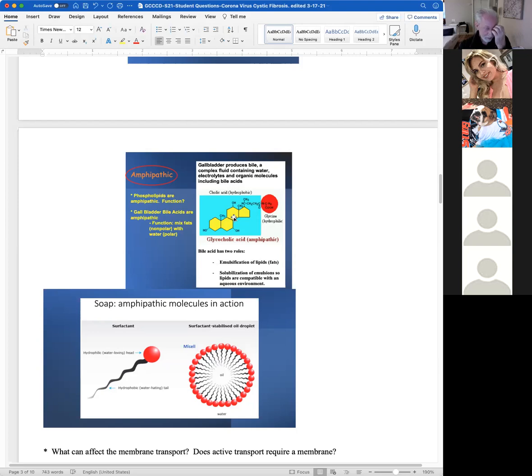Well, when fat is in the diet, it needs to be solubilized. It needs to be made compatible with water. So this amphipathic molecule makes an emulsion of the lipids in the food you eat, and that emulsified material can be solubilized so that the fat molecules are mixed in water, and enzymes then, which are water soluble, can digest them.